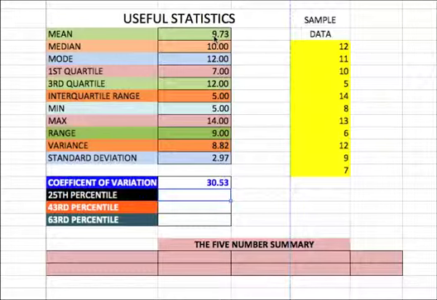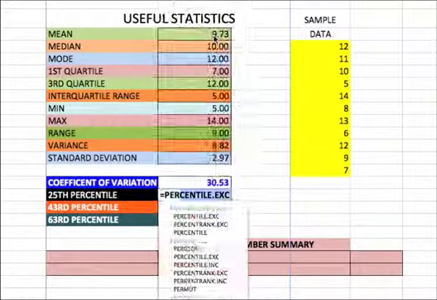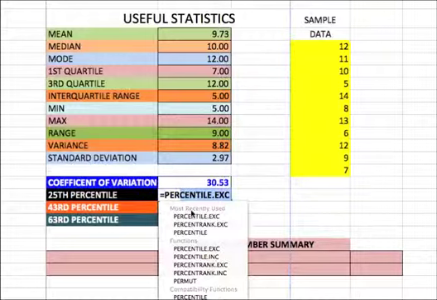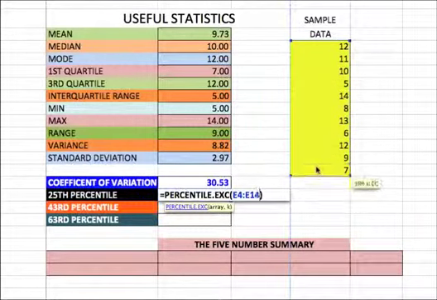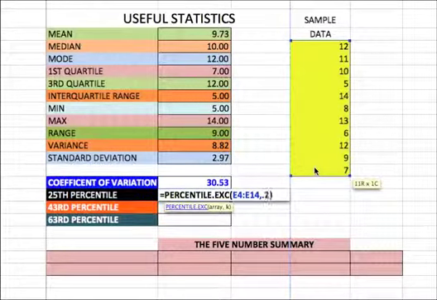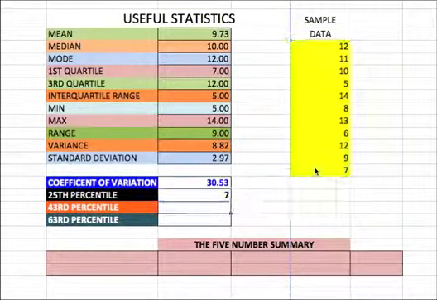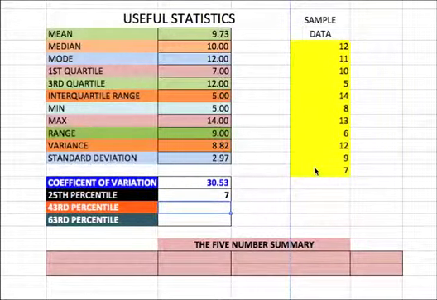We would have typed in equal, entered percentile, and selected percentile exc as the function that we wanted to use. Then we would highlight the data, put in a comma, and enter 0.25 to represent the 25th percentile. When we hit enter, it returns 7, which is the same number we developed above.